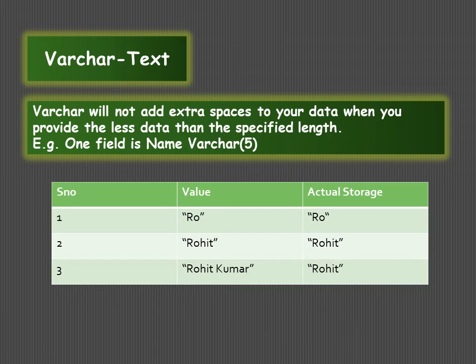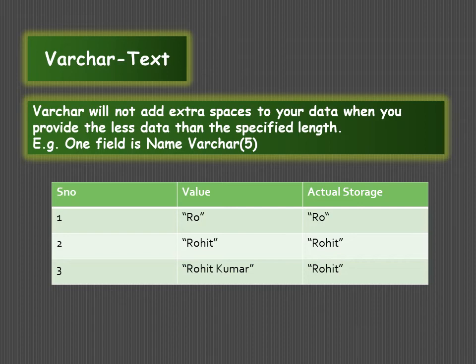Varchar text. Similar to char text, varchar text is also used to store a word or short sentence up to the specified length. Specified length means size. But it will not add extra space to your data as it did in char text. Now, I have taken the same example, name, but here the data type is varchar 5.